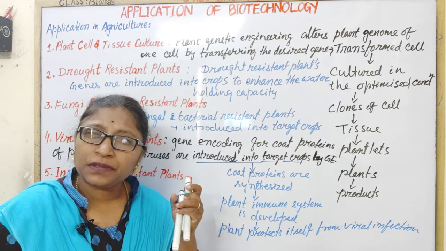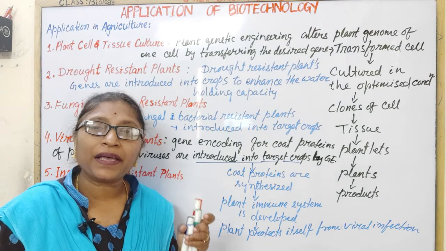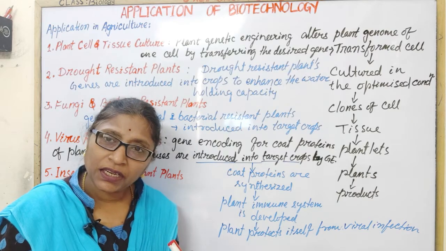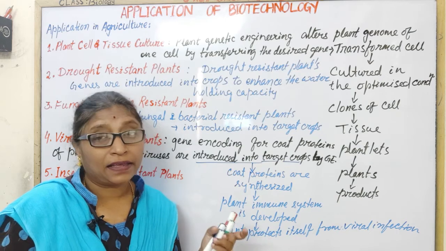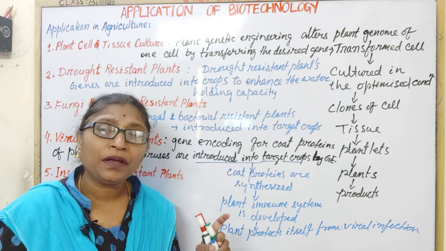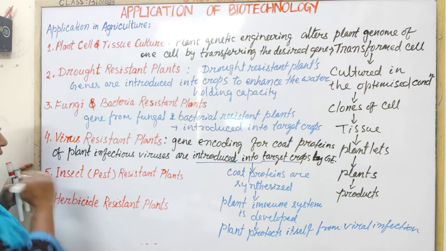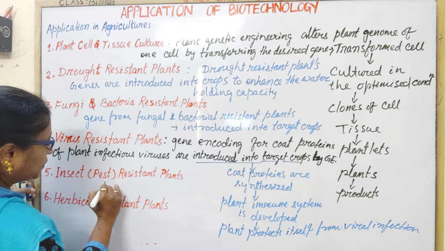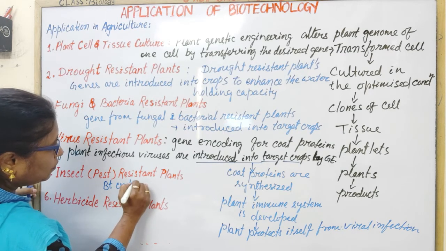Means some bacteria synthesize the pest resistant protein, and if that protein can be synthesized by the plant itself, they can be protected from the pests, especially from the insects. We will discuss this in detail in Bt crops.